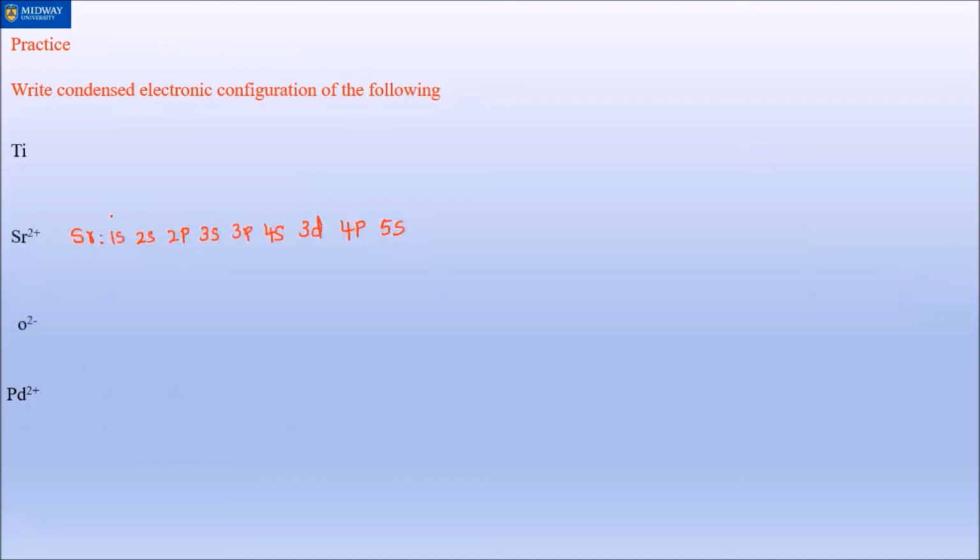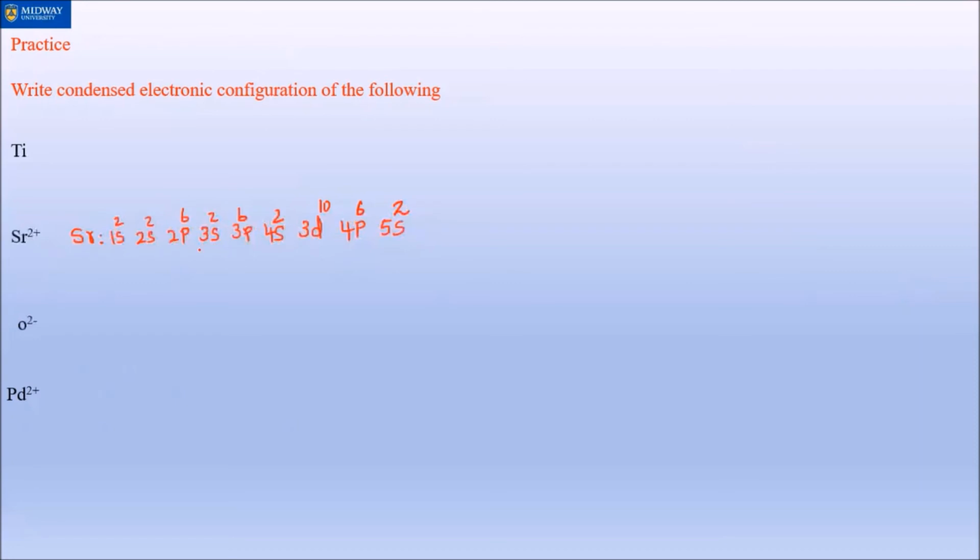So let's start filling: 2, 2, 6, 2, 6, 2, 10, 6, stop. At this moment, you've got to count. So 10, and then again 10, 20, 30, 36, and strontium is 38. So what did I say? 10, 20, 30, 36. So you say 2.